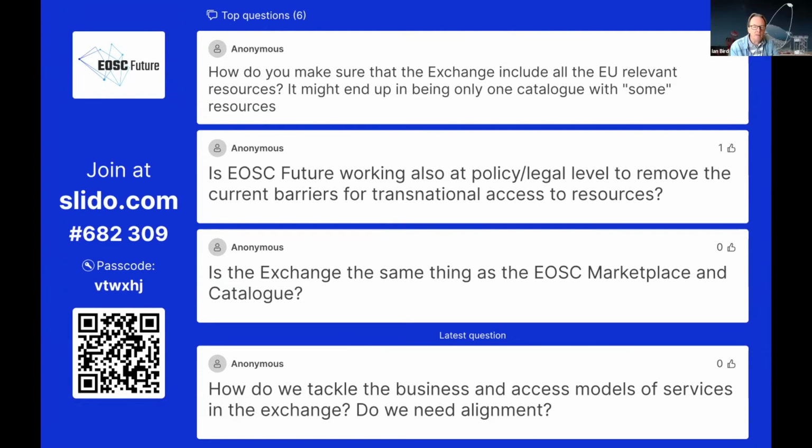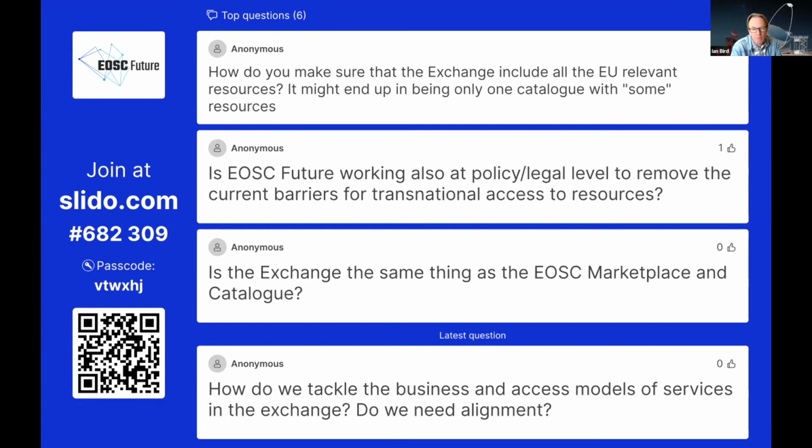Yeah, I think you can only do this by making sure that the exchange is valuable enough that people recognize it as a place where they want to publish their data or their services. I can say what we're doing in ESCAPE, which is one of the science clusters for physics and astronomy.